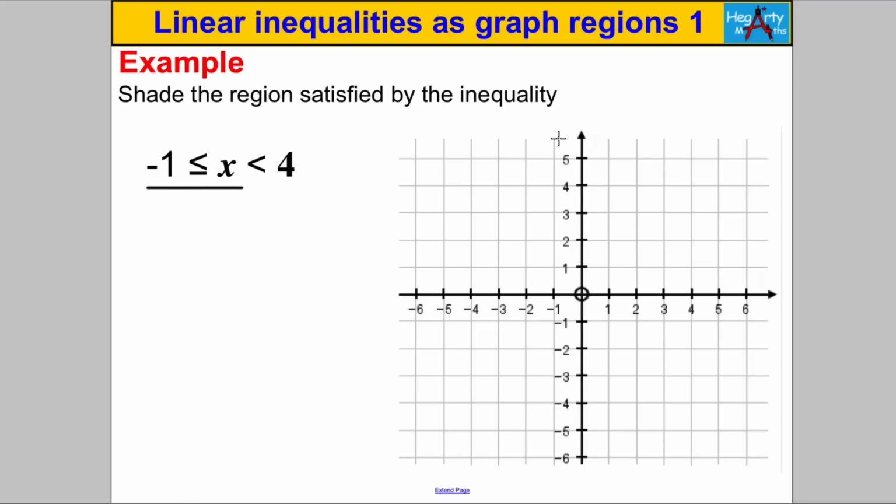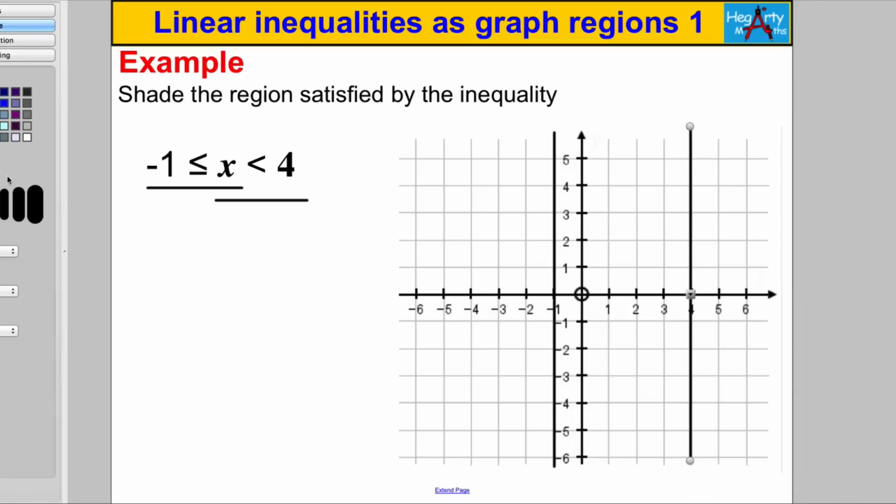So the line x equals -1 is that line there. Then we're going to draw the line x equals 4, but we're going to have it as a dotted line because x has to be strictly less than 4. So I'm going to draw a line there at x is equal to 4, but I'm going to make sure that when I draw it, it's actually a dotted line.